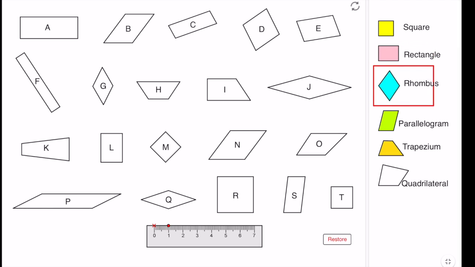A rhombus, we said in our study that it kind of looks like a diamond, but if you turn it slightly to the right, and then you realize it does have same lengths, opposite lengths. And if you divided a rhombus in half, think of it, a food for thought, it would form two triangles on a line of symmetry. And you could have two lines of symmetry, like on this kite shape here.